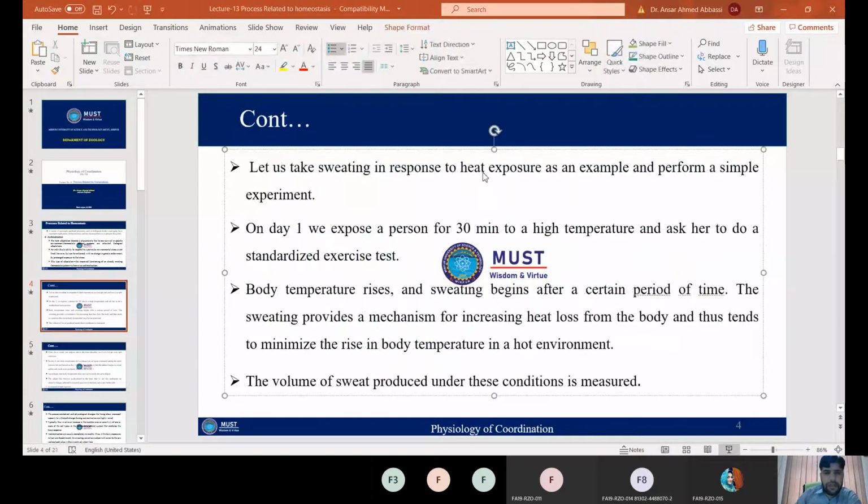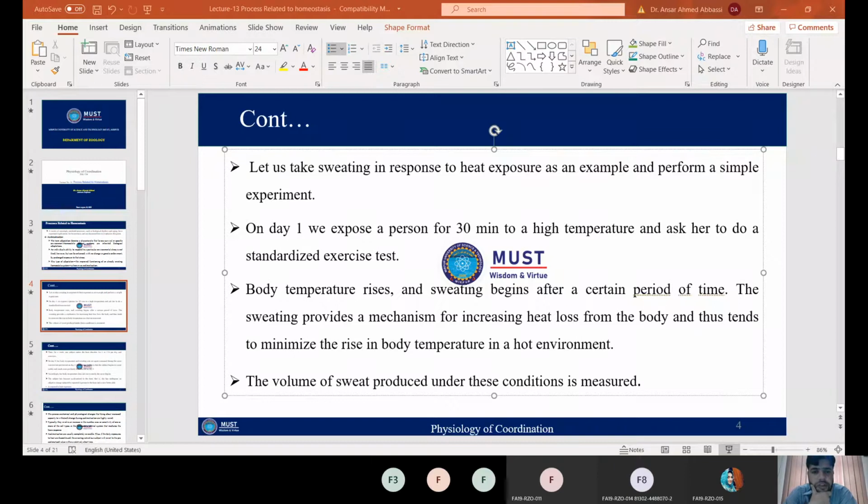Here we take an example of sweating in response to heat exposure, and all of you must be familiar with this phenomenon, as nowadays it is very common because of the high temperature and high humidity.